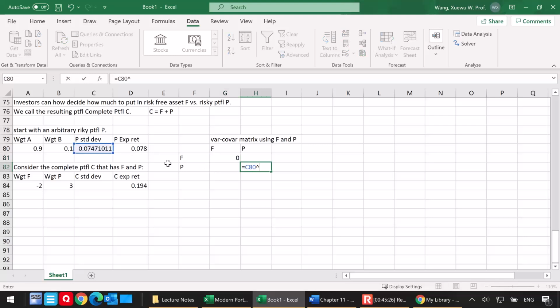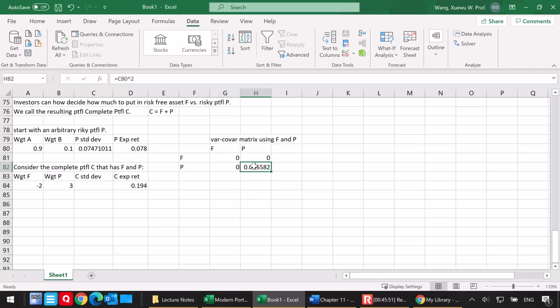And this is the covariance, which we know is 0 because the risk-free asset does not co-move with any risky asset. This matrix indicates that the only source of risk in your complete portfolio comes from the risky portfolio P. There's only one number that's not 0.